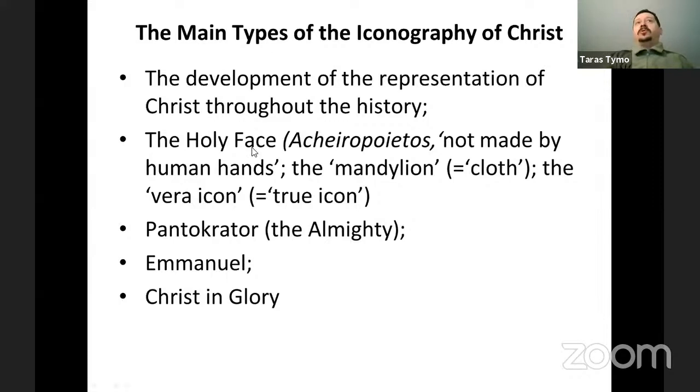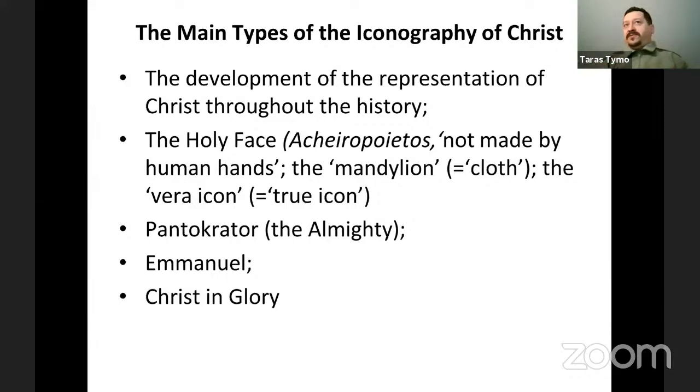This image of the Holy Face, about which we will speak at length later, sometimes is called "not made by human hands." It's a kind of awkward English rendering of a very concise Greek word, acheiropoietos, which means not made by human hands. But you need many words in English to convey the one synthetic word in Greek.